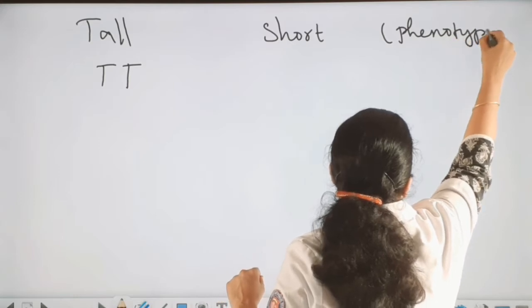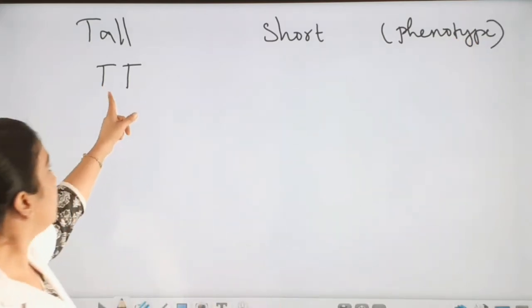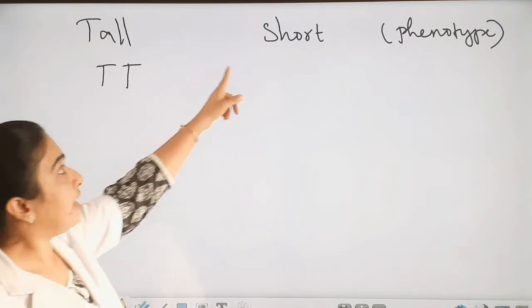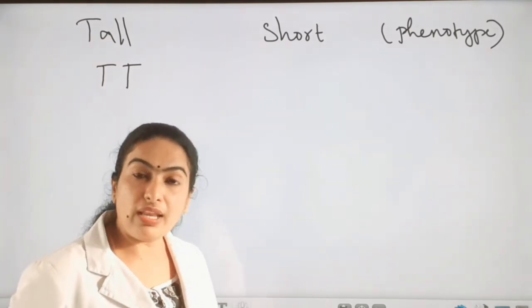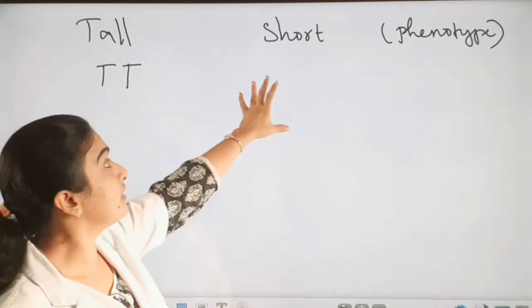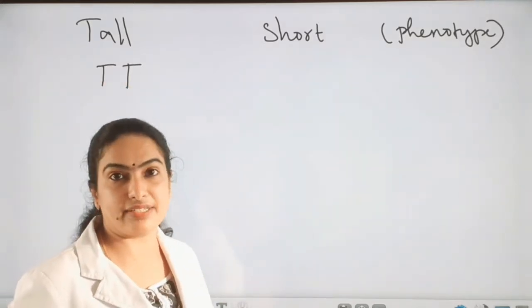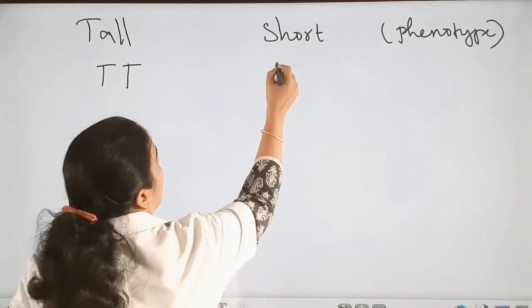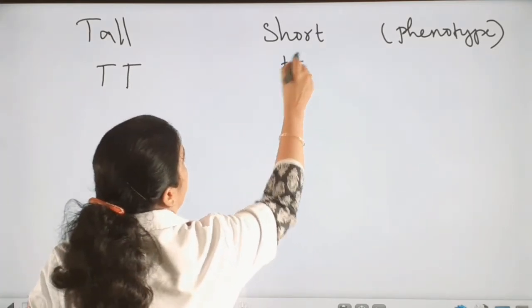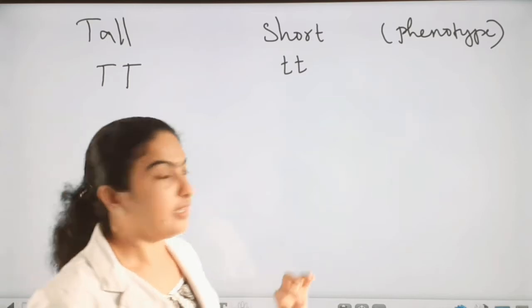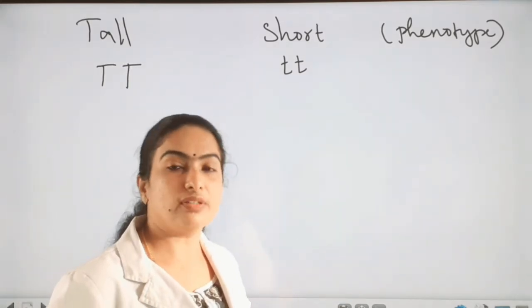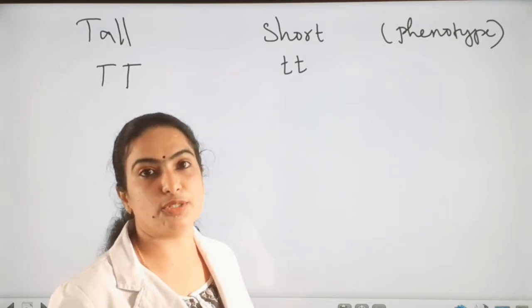Of the parents, and here the genotype of tall is capital T. For the short character he gave the same letter in small form, not the letter S. To avoid confusion, he gave the same alternative letter, small t, as the genotype of the short character.